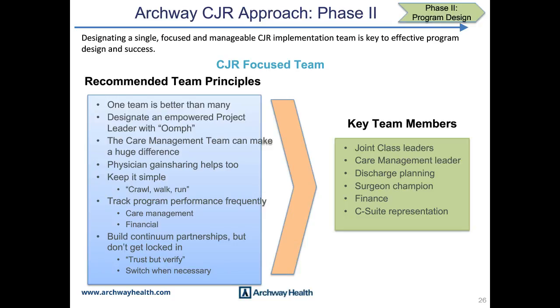We would much prefer to see one really good team that includes people from the joint class, people from case management, people from the orthopedic medical staff, starting to think about Gainsharing, starting to think about preferred provider networks. But a theme of how we think about this is focus. Focus on what the priorities are and focus on who's participating in the process.